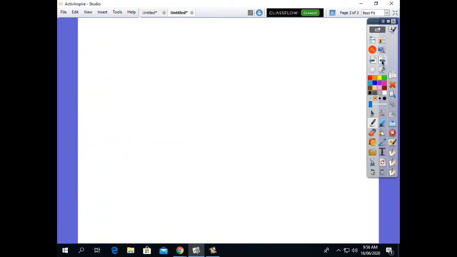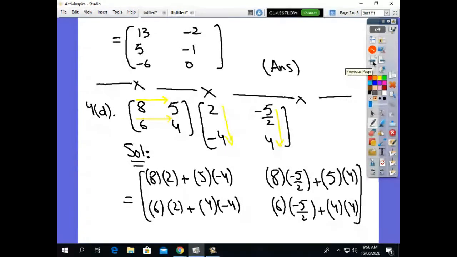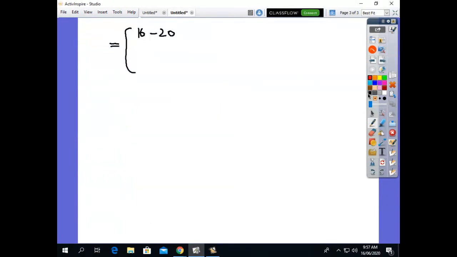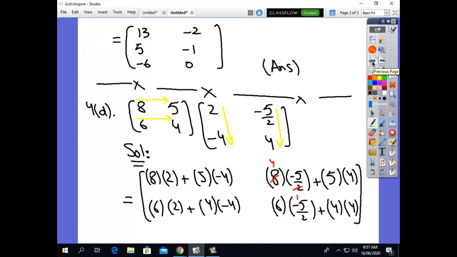After simplification, we get 16 minus 20. After cancellation, 2 1 times, 2 4 times, it becomes 4 into 5, 20, and take a negative sign. It becomes negative 20 plus 20. Similarly, 6 2 times 12 and 4 4 times 16.